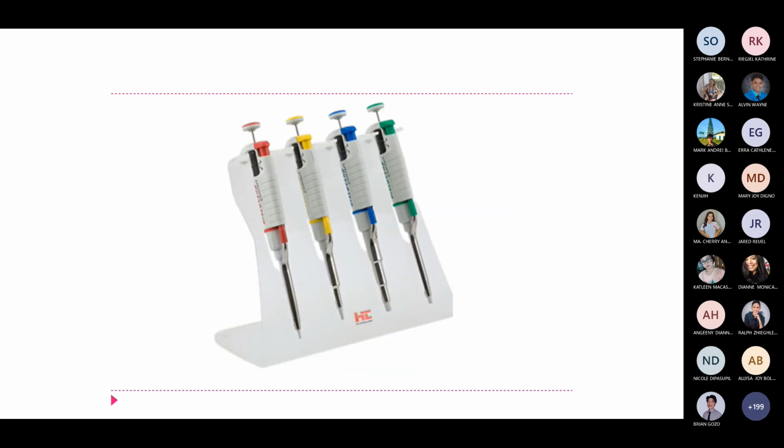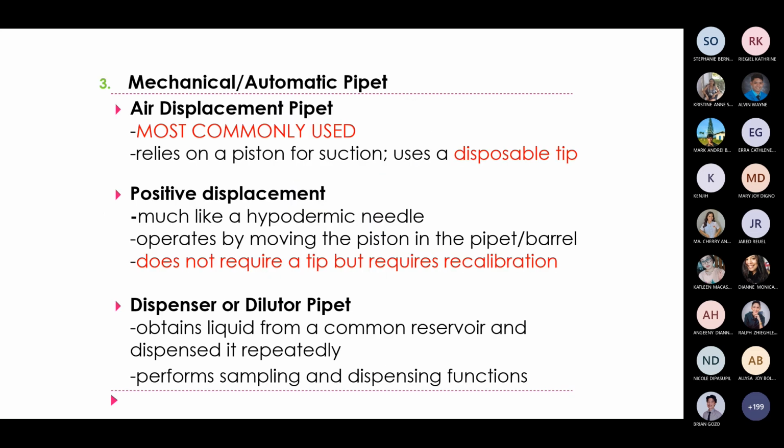Okay, let's go to the automated or automatic/mechanical pipette. So the most commonly used na nakikita ninyo sa laboratory is the air displacement pipette. Para saan yung part na piston? This is for the suction.